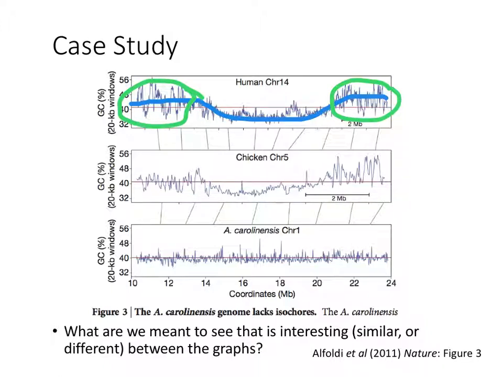Okay, so does the human look the same or different than the chicken? Similar. Yeah, it's similar. It's lower GC in the middle of the chromosome, higher maybe a little bit on the ends. And then the point. When you contrast both of those to the lizard, what happens?